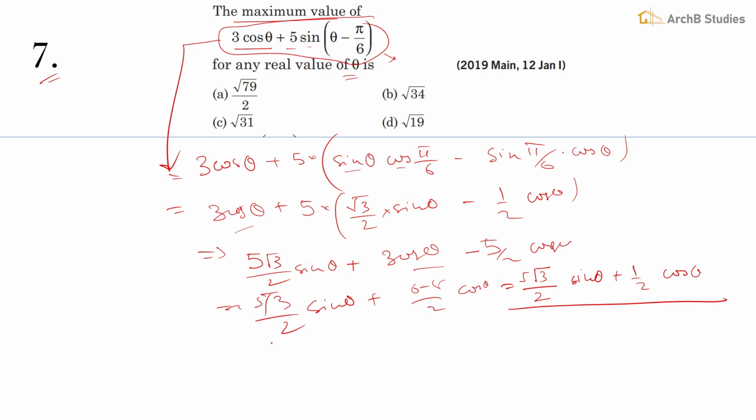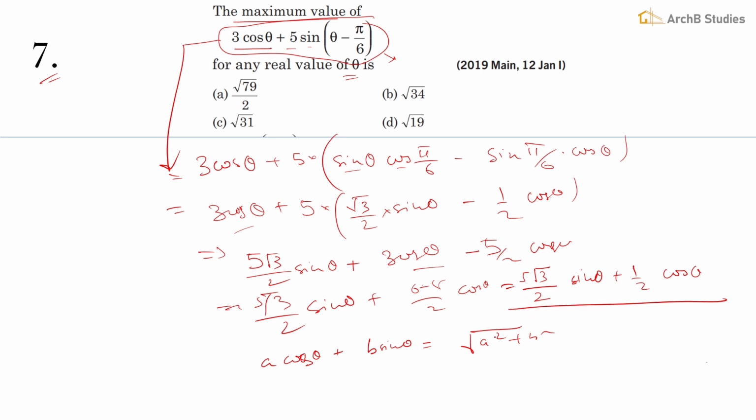Now we know the formula that if we have a cos theta plus b sin theta, then the maximum value will be root of a square plus b square.